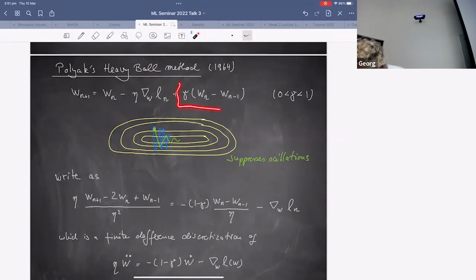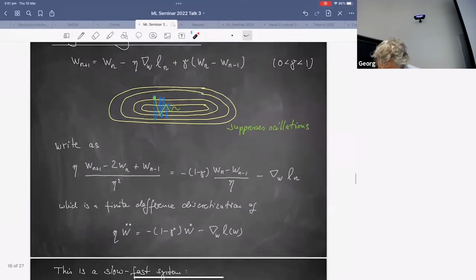And then they just add some memory in there, keep some information on what you just did before, W_n minus W_{n-1}. And that memory is parameterized by gamma, which lies between 0 and 1. Okay, and then it was shown that if you do that, you suppress those oscillations, right? So you converge quicker.